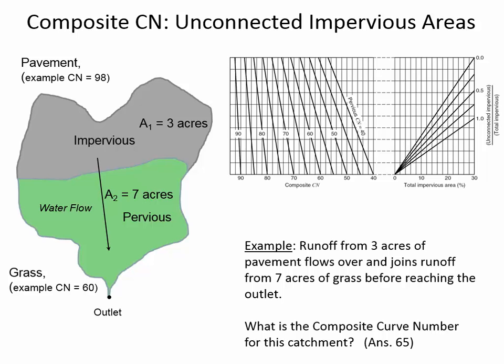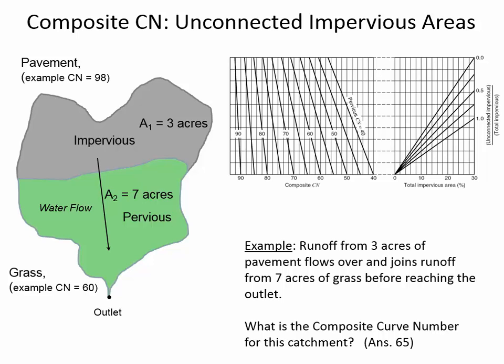And in our case, all of it isn't touching the outlet. And so the ratio is 1.0 because none of that impervious area is directly connected to the outlet. The total impervious area is 30%, same as before, 3 acres out of a total of 10.